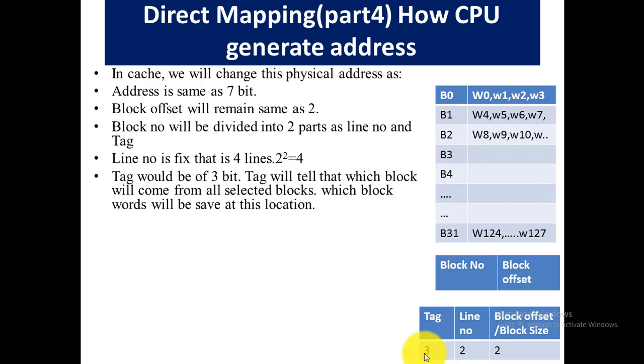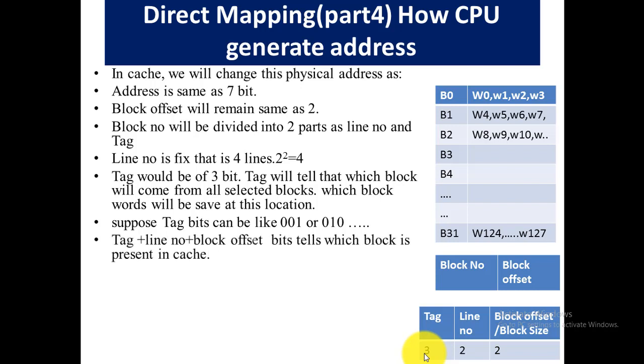Among these, which 4 blocks will come in cache memory? Which block's words will be saved at this location? The tag shows this. The tag is shown by 3 bits, and it tells which block, from all possible blocks, is present in the cache memory. The tag can be like 001 or 010, like that.